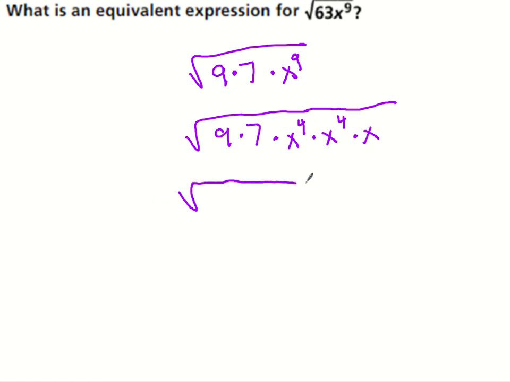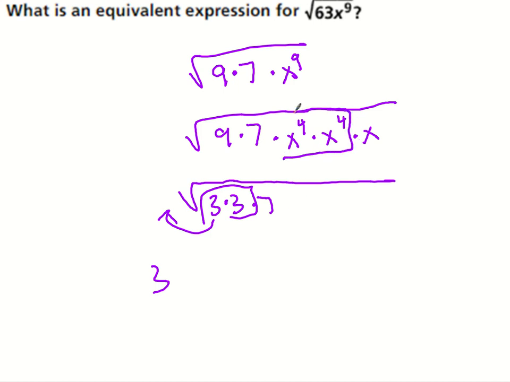Well, let me show you how we can break this down even more to show you how this is going to help us. This 9 is also 3 times 3, right? So we know that because the square root of 9 is 3 times 3, that 3 really comes to the outside. Well, because I have x to the fourth and x to the fourth, the square root of x to the fourth times x to the fourth is x to the fourth.